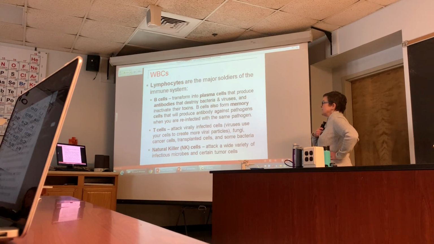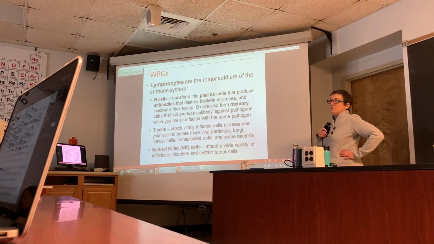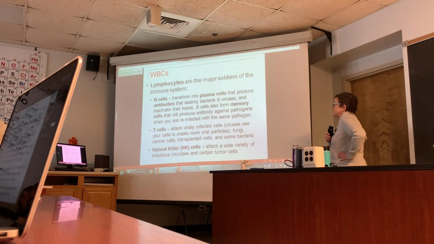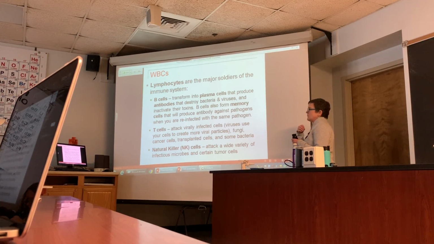Now, there are 3 different kinds of lymphocytes. B cells, these are the ones that become plasma cells when they're activated. Plasma cells are larger cells, but they produce antibodies. And antibodies are what bind to those antigens I was talking about. We'll look at a picture of that in a minute. B cells also can become memory cells.